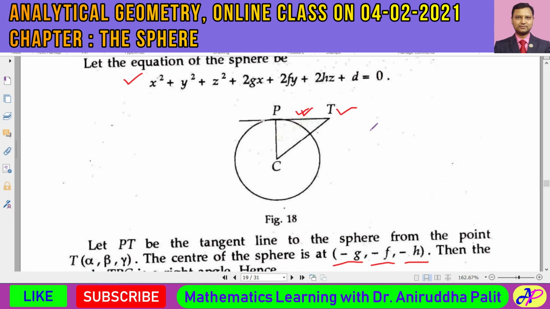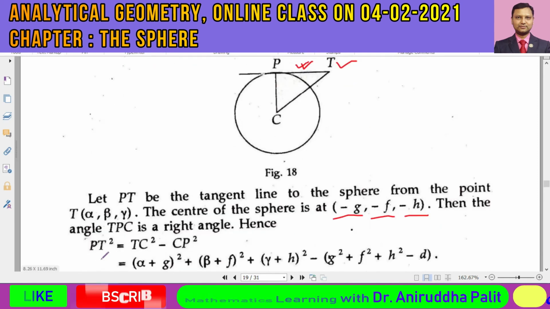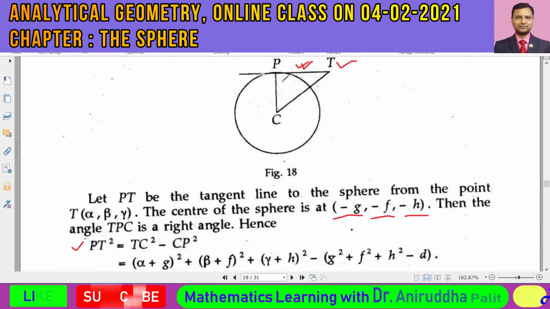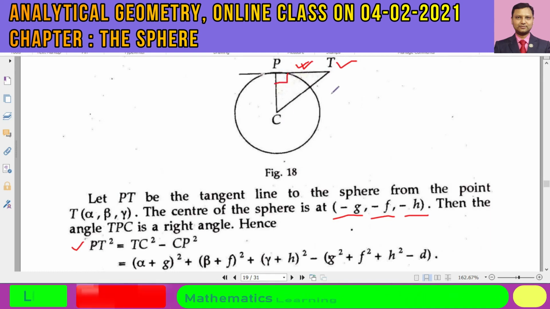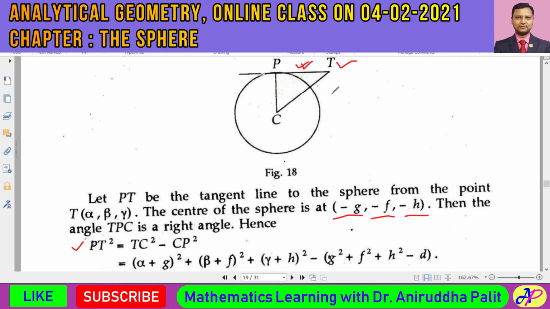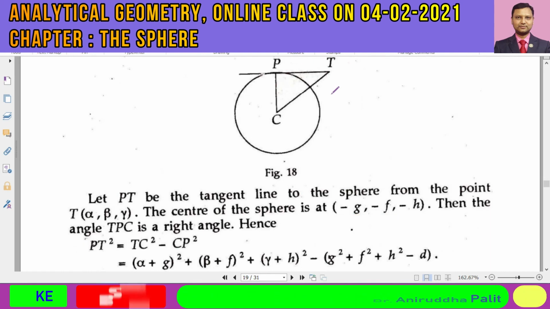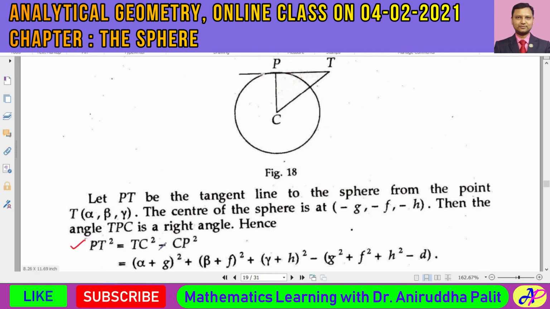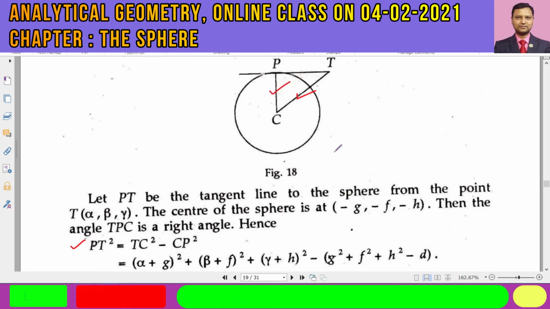If you consider this triangle PCT, this angle is a 90-degree angle. So this is actually a right angled triangle. So we can say that PT square is equal to the hypotenuse CT square, this is the length CT square, minus this radius CP square.